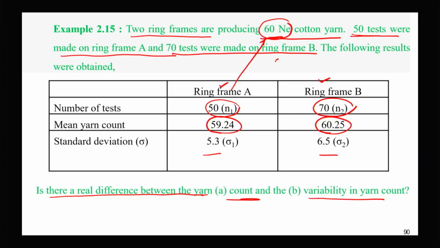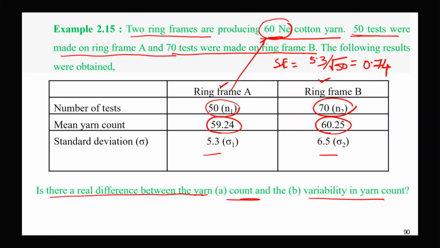What will be the standard error? Standard error will be 5.3, the standard deviation, divided by under root 50. It will be 0.74.